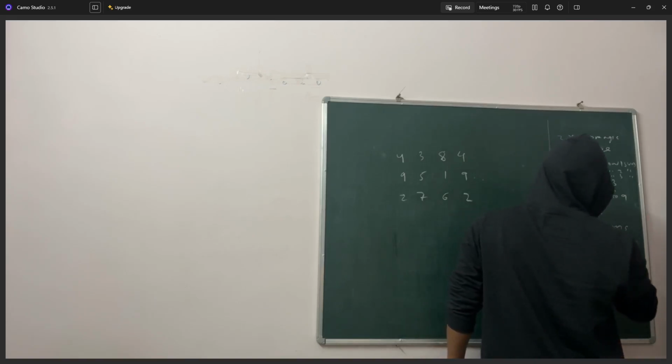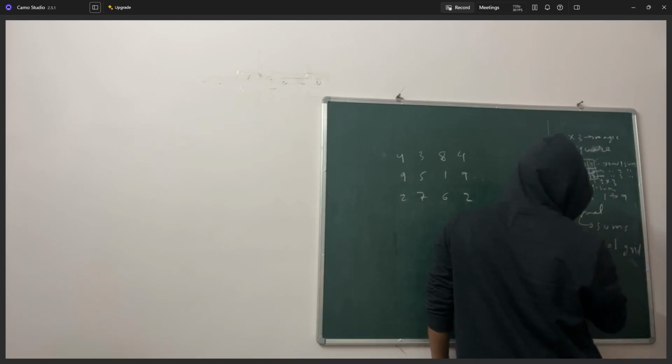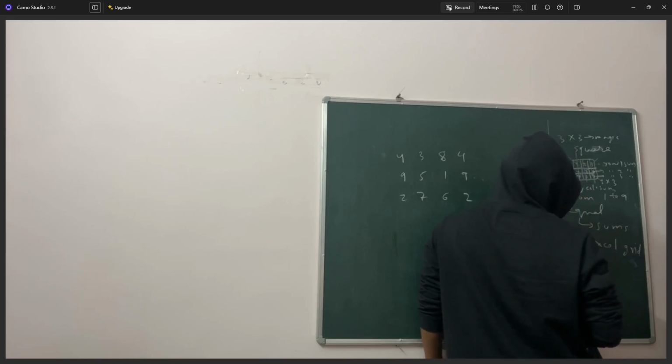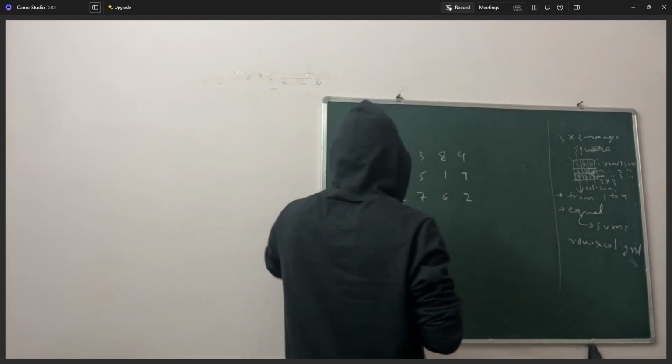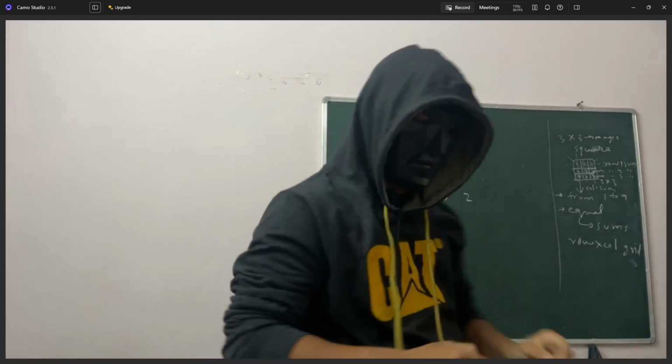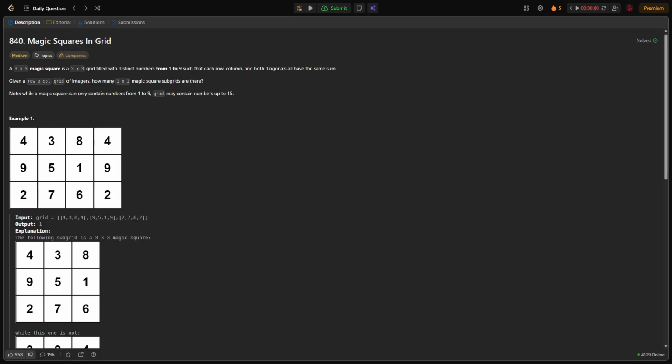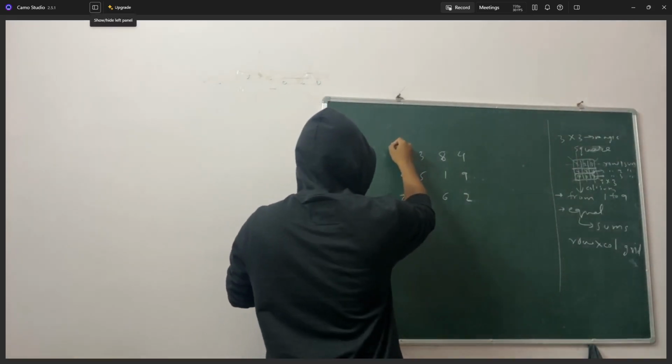So we are given a row cross column grid, wherein row is the number of rows and column is the number of columns. In this we need to find how many magic squares there are.